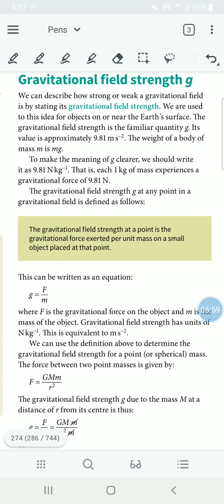Gravitational field strength g. Write down: the gravitational field strength at a point is the gravitational force exerted per unit mass on a small object placed at that point.